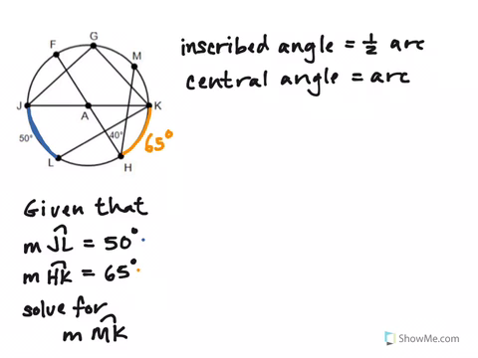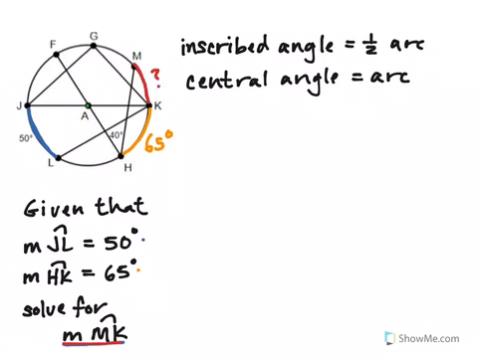The other thing we see, which is not written here, is that the center of the circle is A. Then it wants us to solve for the measure of MK. So let's do that in red. The measure of MK will be from here to here. We want to know what this is.